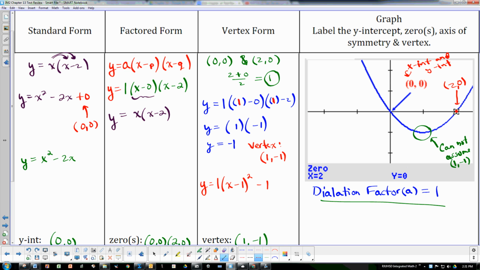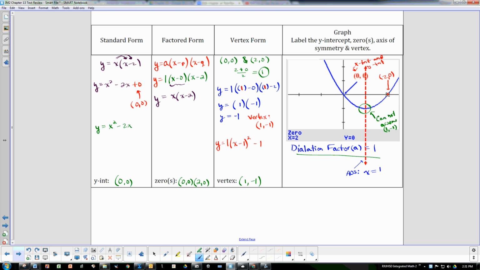But let's go ahead and draw in this axis of symmetry. That axis of symmetry happens to be x is equal to 1. And that is it.